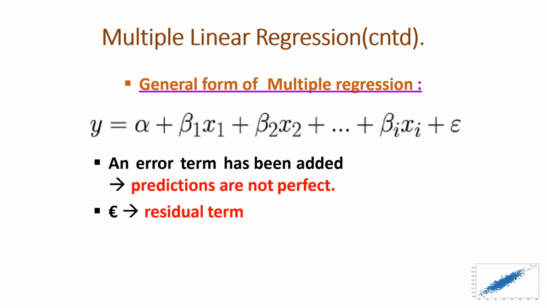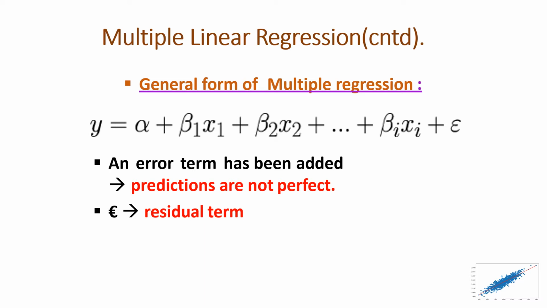Beta 1 is the coefficient of x1, beta 2 is the coefficient of x2, etc. Beta i is the coefficient of xi. Here x1, x2, etc. xi are the independent variables related to the prediction of the y variable. Then epsilon is the residual term or error term.